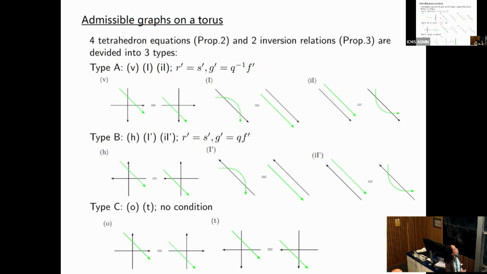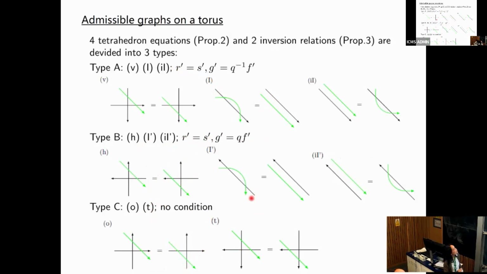And for these moves, we are required to have this condition for the parameters of operator M with green arrows. Then type B is related to this condition. We have H and I prime and the inverse of I prime. And the last group is more convenient. So the ordinary one and the totally reversed one have no condition.